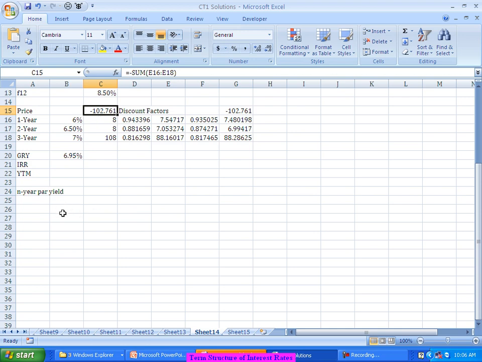This will not become 102.76. This will be 100 only. So if I am purchasing this at 100, I will alter this amount now. What should be the coupon every year? If the purchase price is also 100, as well as the maturity price is also 100.